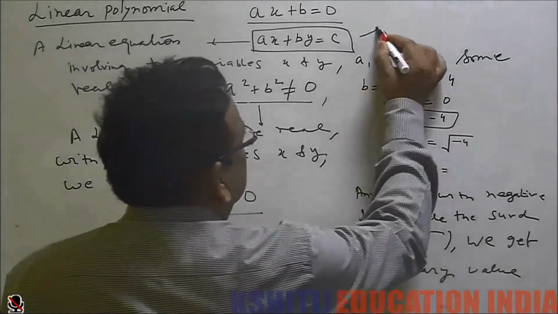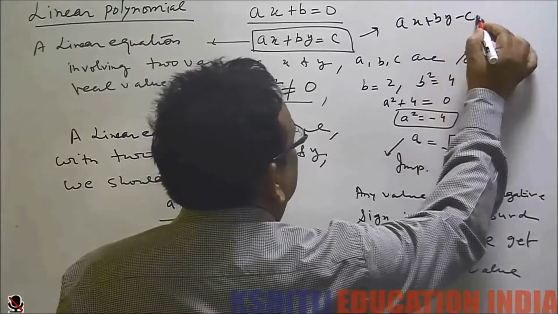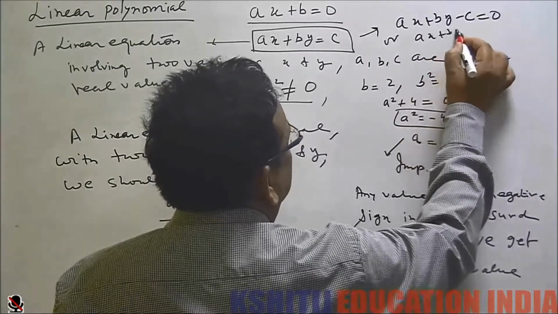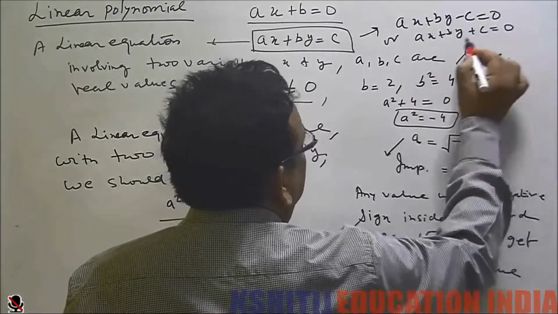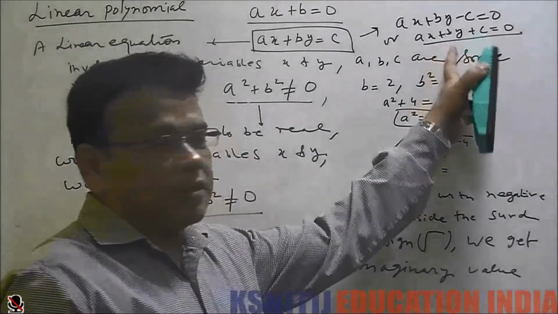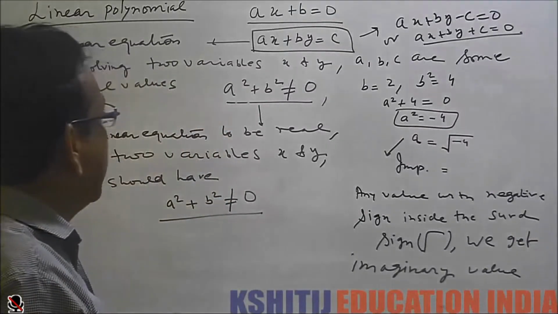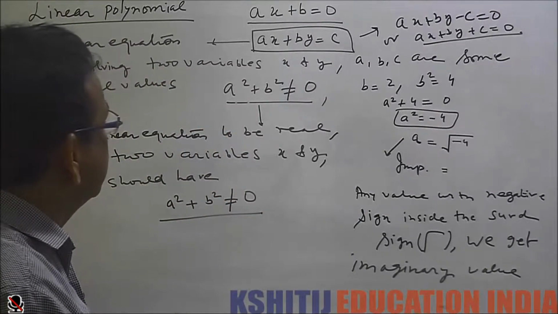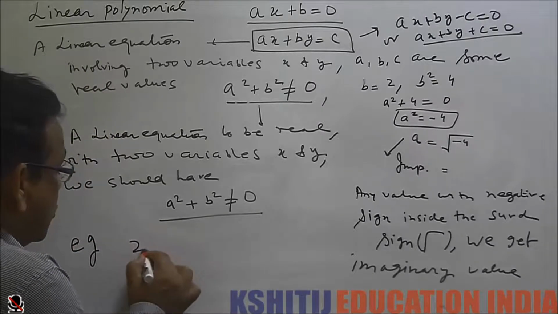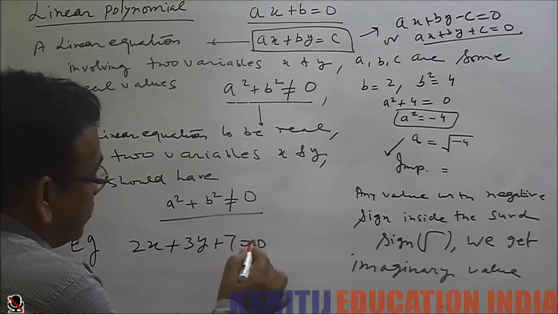And here, this can also be expressed like this: a term involving x, a term involving y, and some constant. Fine. For example, 2x plus 3y plus 7 is equal to 0.